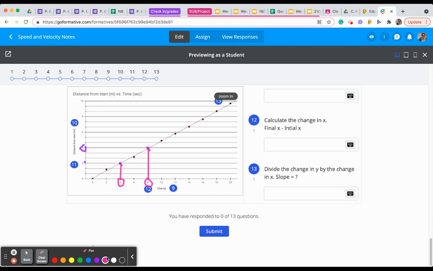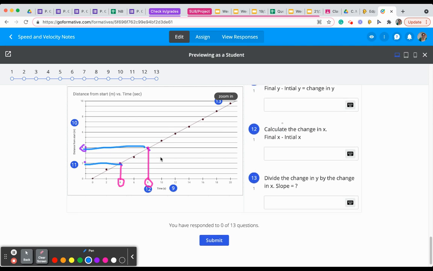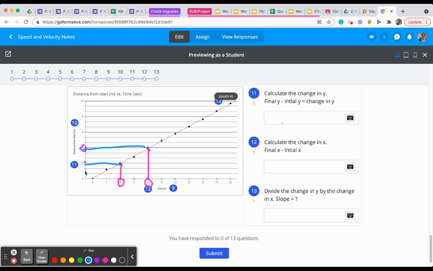And for the y, this would be final and initial. So we end up with a change in y of 2, and a change in x of 8 minus 4, so 4.